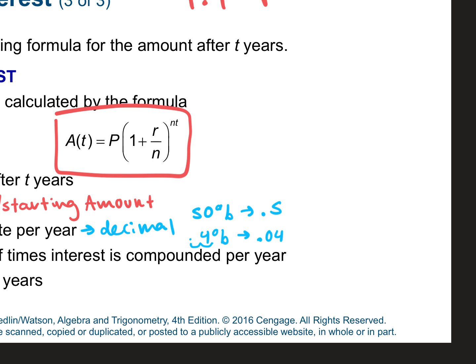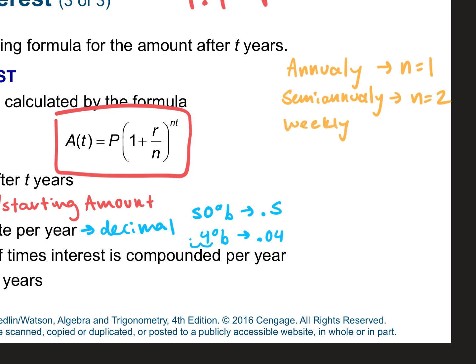So common values that we'll have for N depend on the wording of the question. It could say that it's compounded annually. How many times a year does annually happen? Once. So N would be 1. It could be semi-annually. That would be twice a year. Then we could have weekly. How many times a year would weekly be? 52.